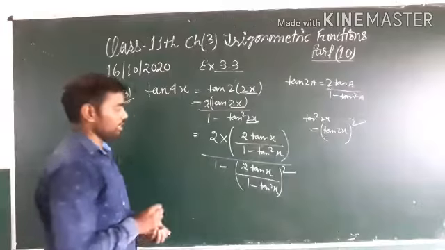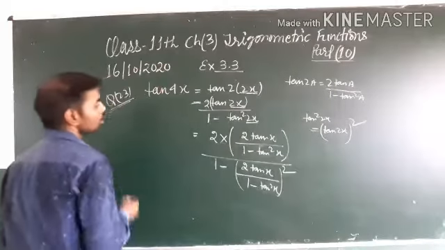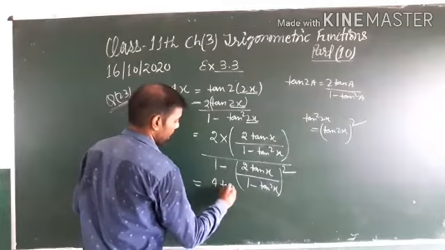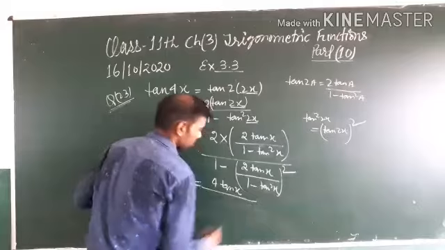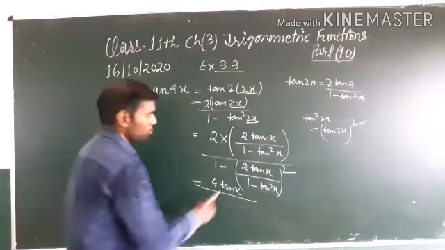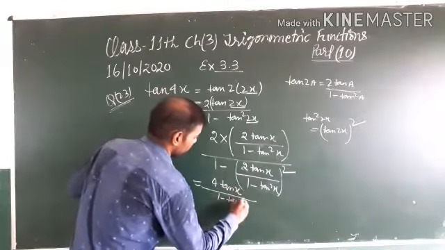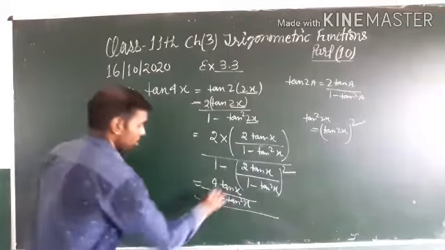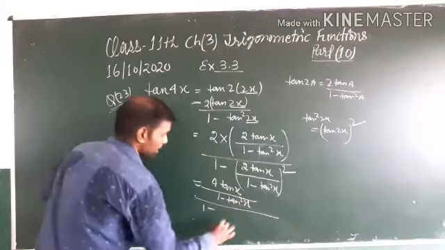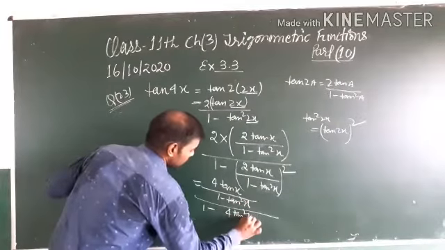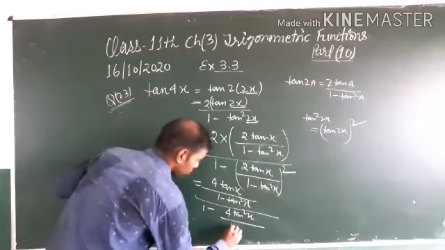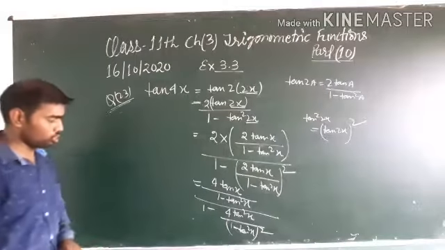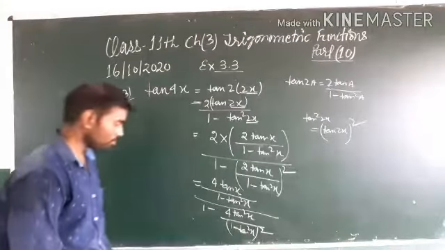4 tan x into 1 minus tan square x. One step: 2 into 2, that is 4 tan x upon 1 minus tan square x, upon 1 minus 4 tan square x, and in the denominator part 1 minus tan square x to the whole square.